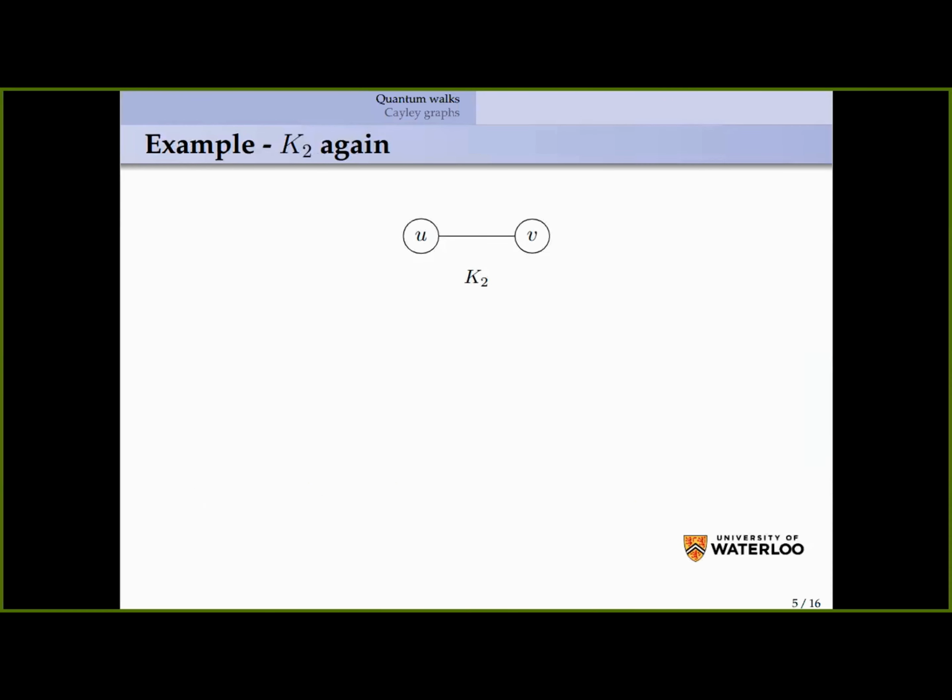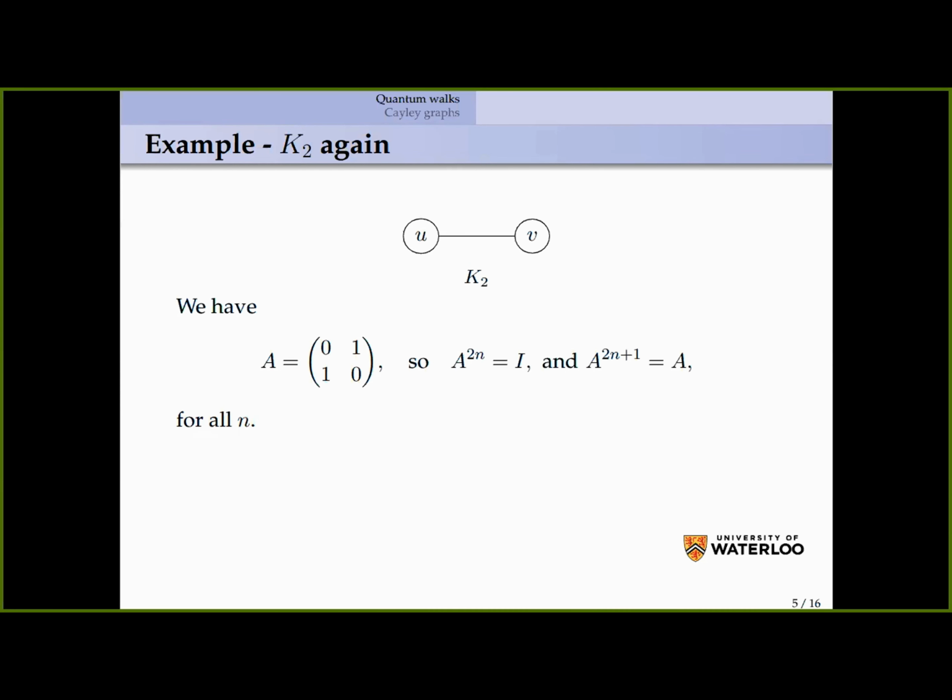We're going to look at our very simple example again of K2. Remember that this is the adjacency matrix, and when we take powers of this matrix, the even powers are just going to be the identity, and the odd powers are just going to be A again.